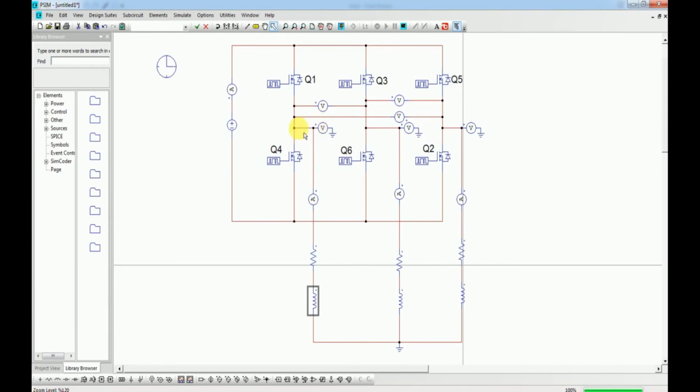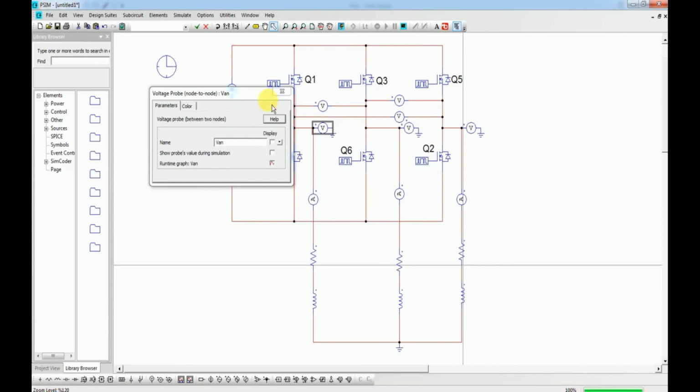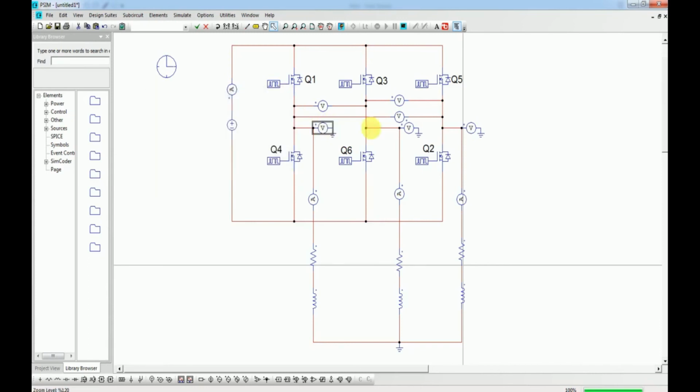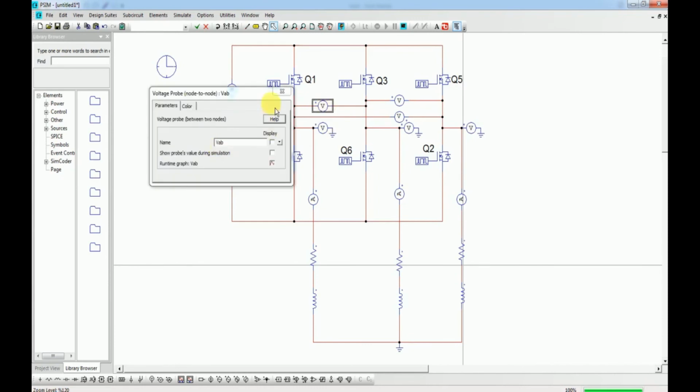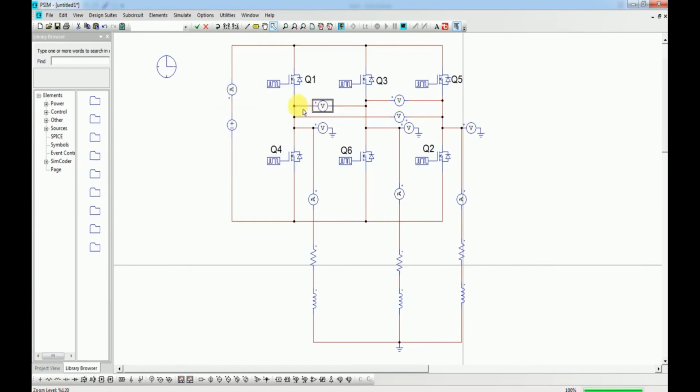To measure the line to neutral voltage, we have connected these voltage probes here. This measures VAN, this is for VBN, and this is for VCN. To measure the line to line voltage, we have connected other voltage probes here, so I can get the phase to phase voltages VAB, VBC, and VCA, and we will visualize that these three voltages have only three voltage levels.